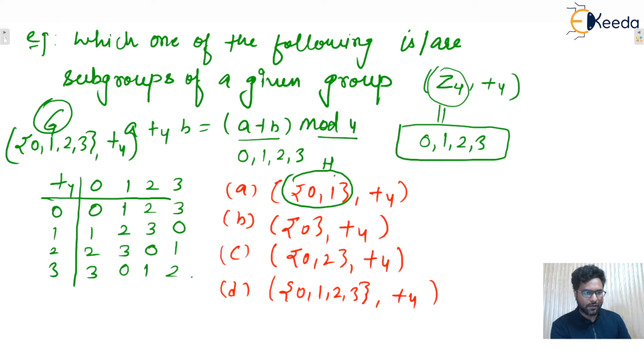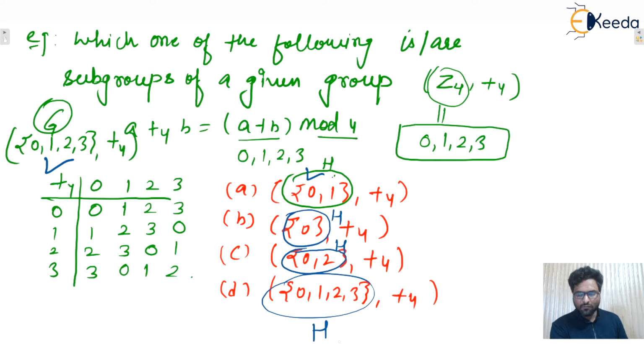So this one is G, this one is H. Now we'll see whether in every option H is a subset of G or not. Yes, that is correct. In all the options, H is a subset of G. So the first criterion is correct. No problem at all.